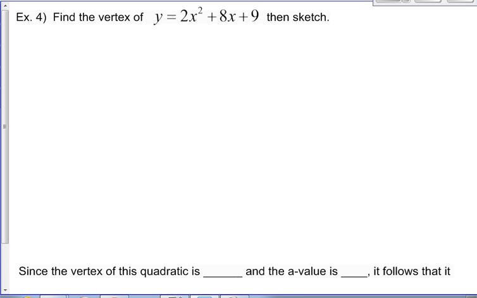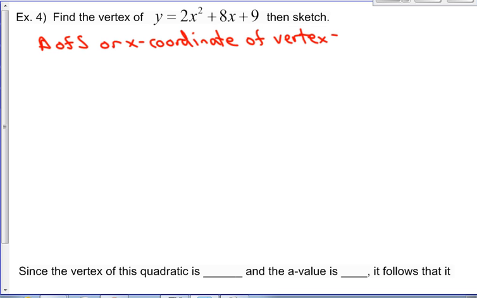So we're going to find the vertex of this, and then we're going to sketch. So we've said that the x-coordinate, or the axis of symmetry, is negative b over 2a.